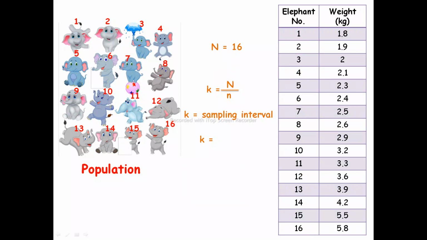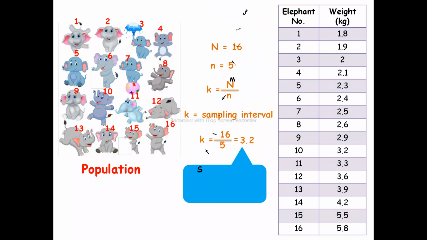Similarly, we'll have one more example. Suppose the value of n is 5. So out of 16 we need to select 5 samples. How to do so? In a similar manner, we'll put the values of capital N and small n in this equation, and we got the value as 3.2. So 3.2 means here we need to consider it as 3.